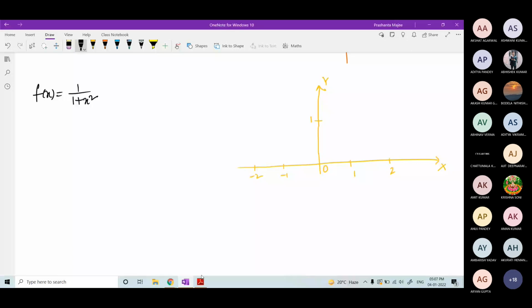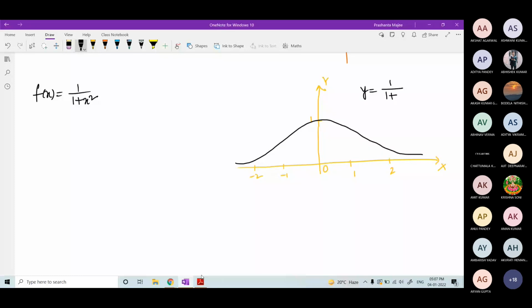Just a moment. So this is the plot of the function y equals 1 by 1 plus x square. This is not a polynomial of finite degree.